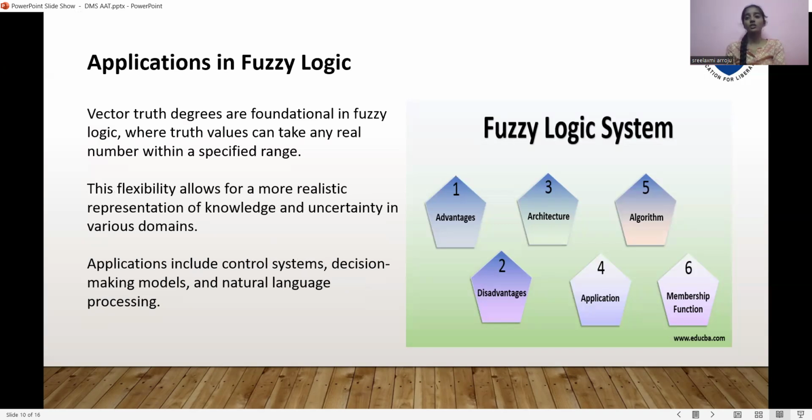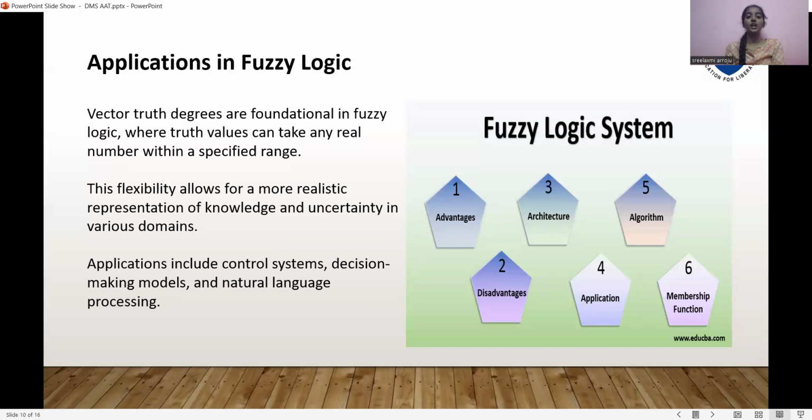Applications in fuzzy logic. Vector truth degrees are foundational in fuzzy logic, where truth values can take any real number within a specified range. This flexibility allows for a more realistic representation of knowledge and uncertainty in various domains.